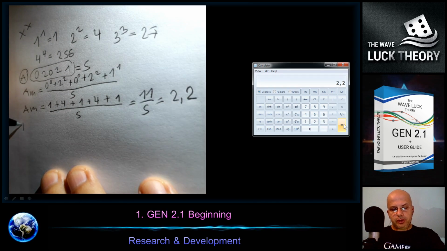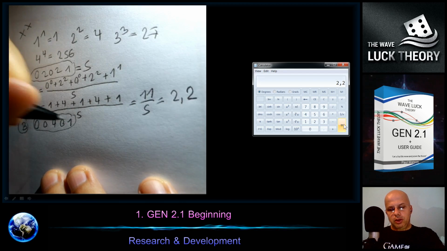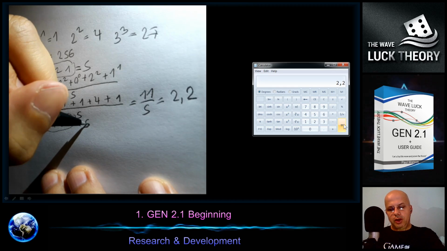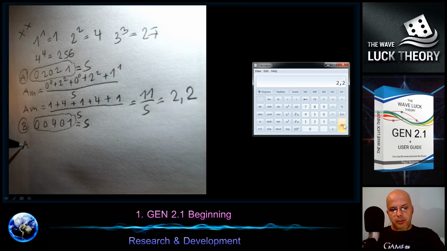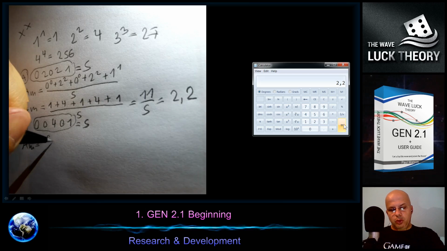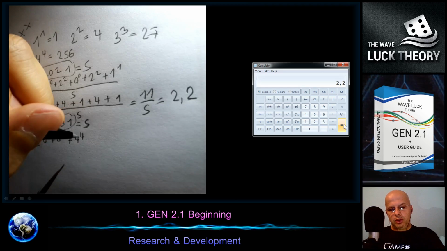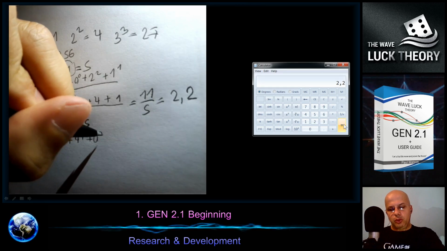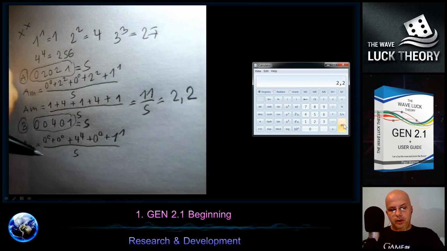And if we have the second wave I used before, so we have 0, 0, 4 matches, 0 matches, and 1 match. The sum is again equal to 5. And now the AM is 0 on 0 plus 0 on 0 plus 4 on 4 plus 0 on 0 plus 1 on 1, divided by 5.